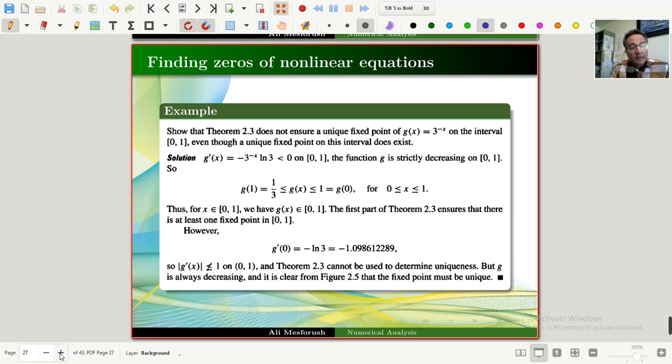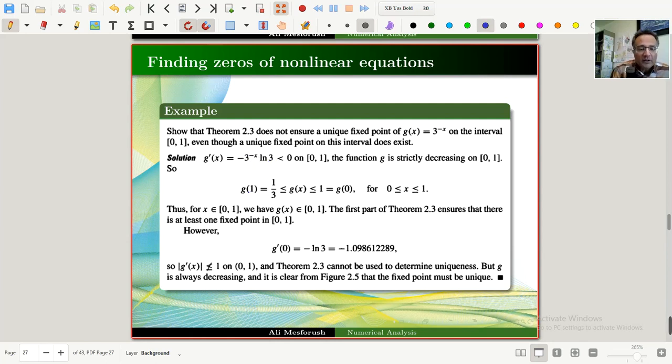Now, consider another example. Let g of x equal 3 to the power of minus x on the interval 0 to 1. Okay, if you compute g prime of x, it will be minus 3 to the power of minus x ln 3, and this will be negative.